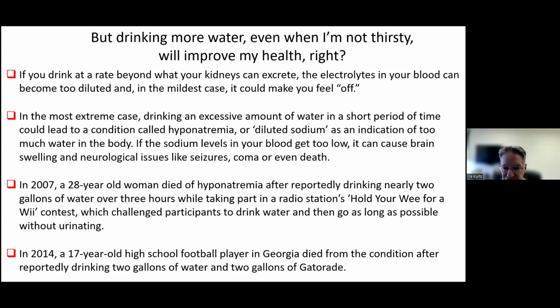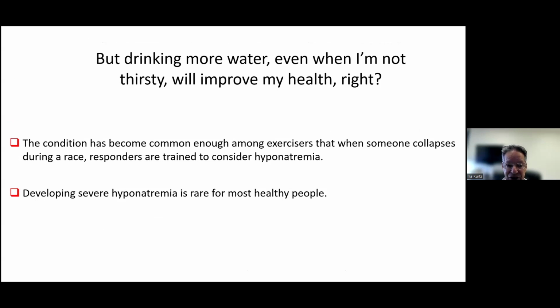So it's not something you should play around with or guess or go by what you hear on TV or your friends tell you at church or in your home. Just treat it very carefully, how much water you're drinking. And as you'll see at the end, the bottom line is go by when you're thirsty. That's when you should drink water. If you're not thirsty, you don't need to drink unless you have certain medical conditions. That's a separate story.